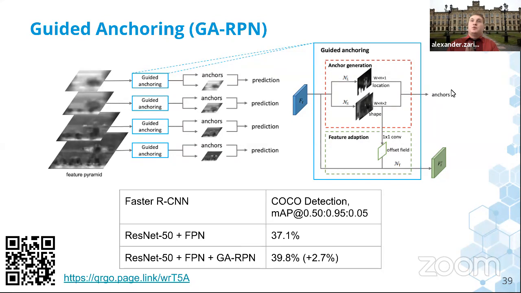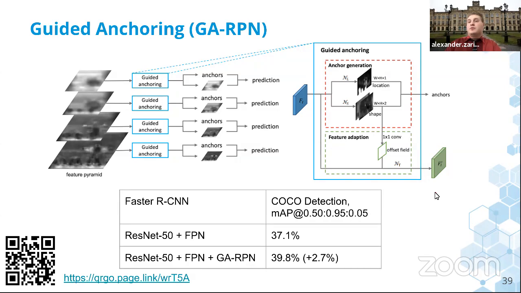The feature distribution in this feature map is misaligned with these anchors because we are dynamically generating these anchors at runtime. So we need to do something to align the distribution of anchors and the distribution of underlying features.